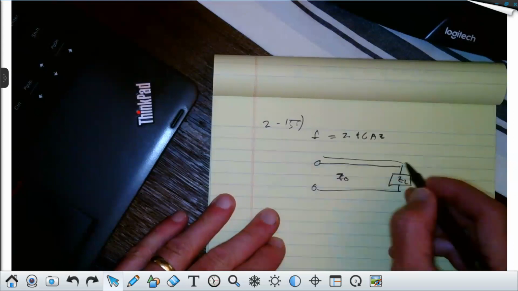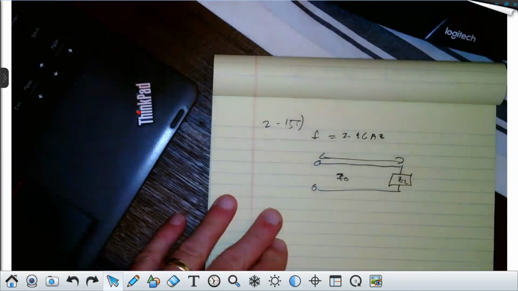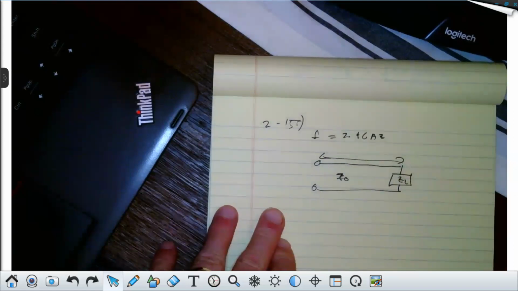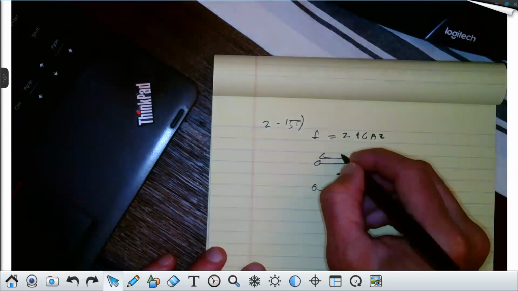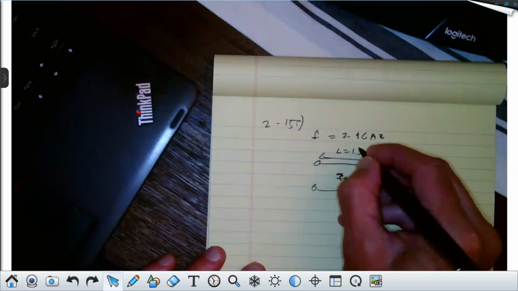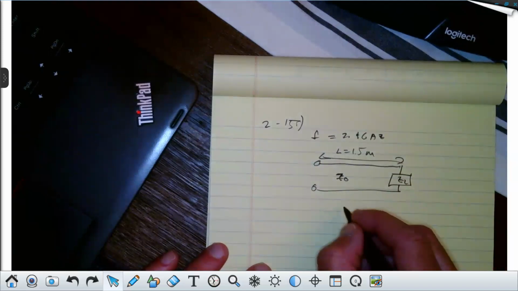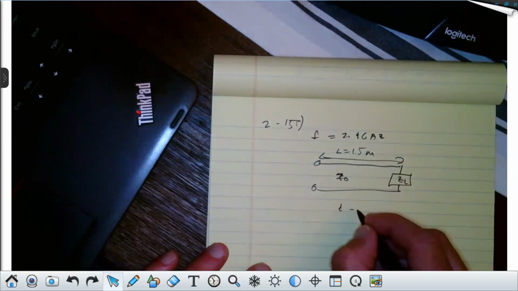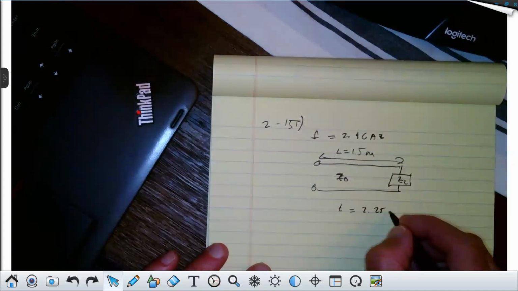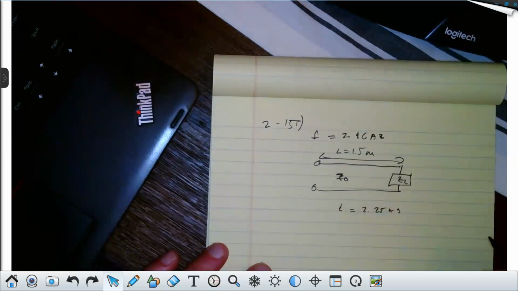We know the length of this line is equal to 1.5 meters, and it takes 2.25 milliseconds to reach the load. So that means you got a transit time here of 2.25 milliseconds, right? Everybody with me on this?